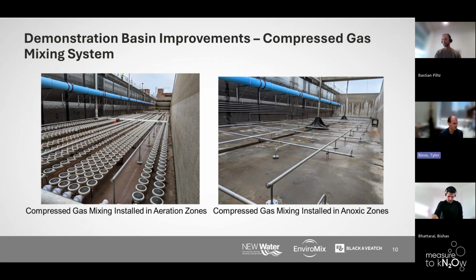And we also installed compressed gas mixing in our aerobic zones, as during the low DO process, at low aeration demand times, like during the middle of the night when you don't have as much load coming in, there's concern that you don't have enough air to adequately mix the tank. So the compressed gas mixing system will kick on and provide that supplemental mixing, so you don't have solids settling in the basin that could cause operational issues. Next slide, please.